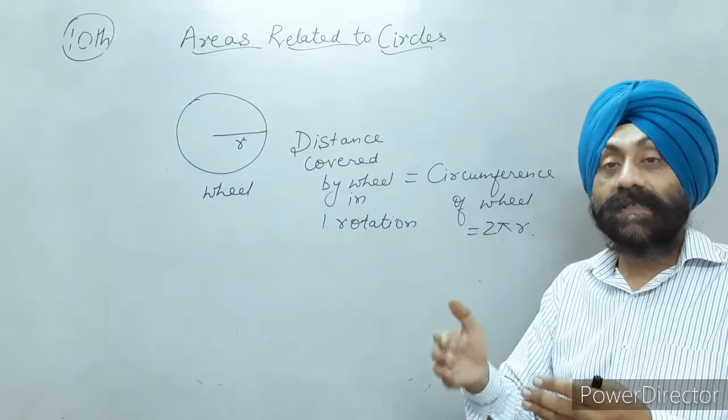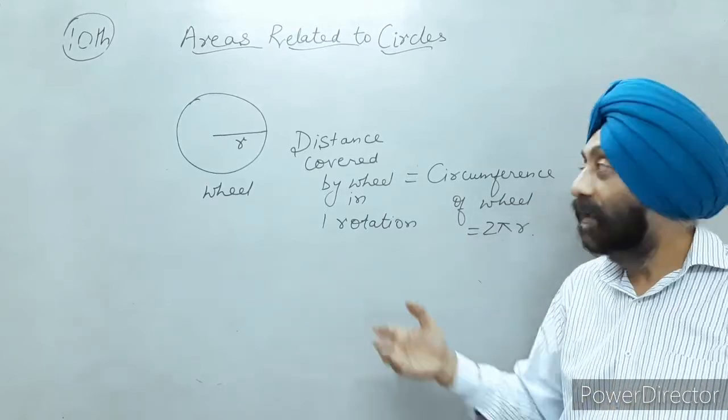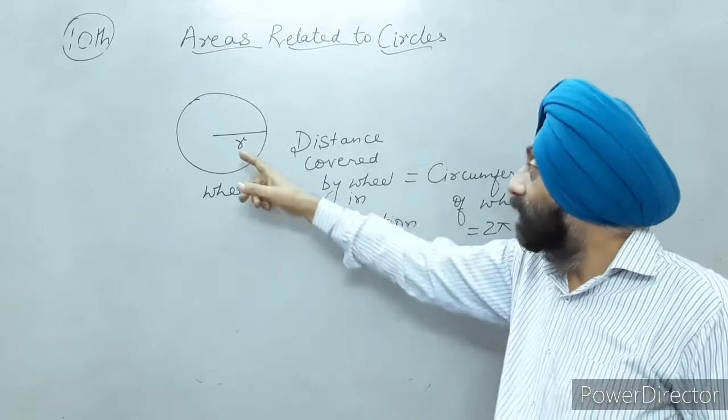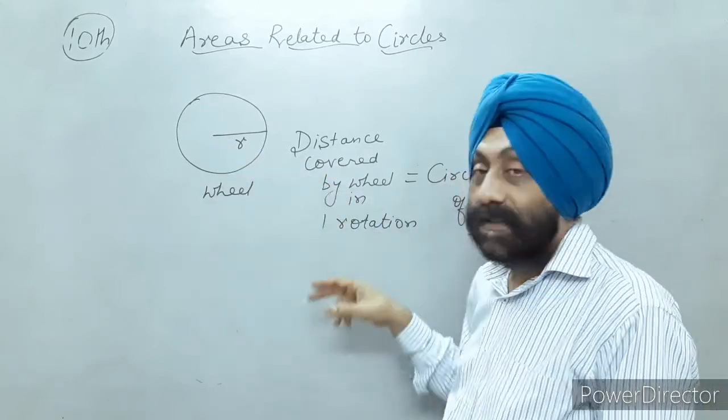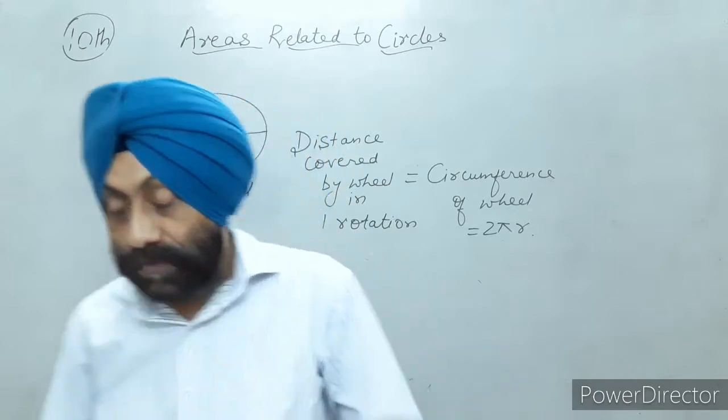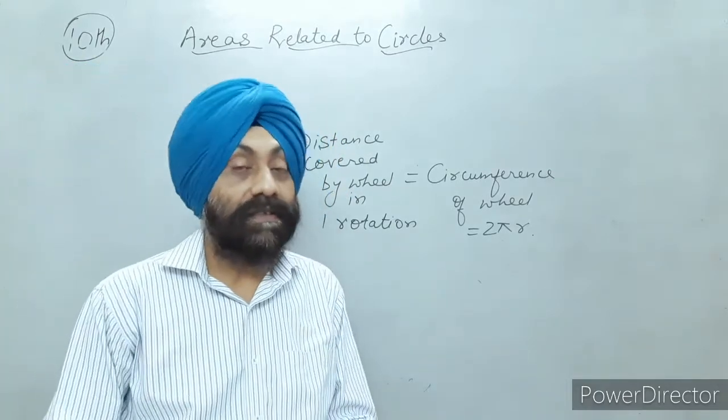Remember this, right? The wheel is in the form of a circle with a radius r. So the distance covered by the wheel in one rotation, one revolution, is equal to its circumference.